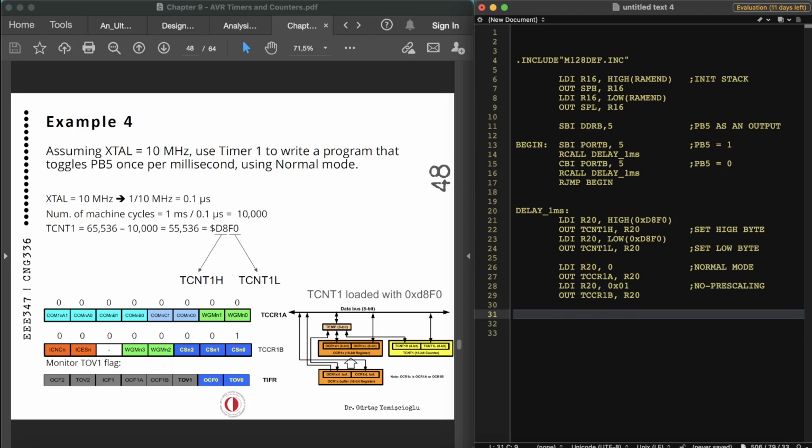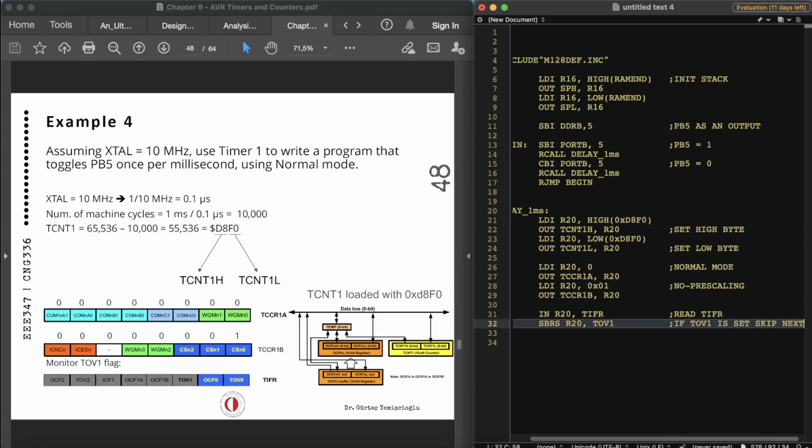So what we need to do is monitor the TOV1 flag. So again, read the TIFR register into R20, and then check if it is set. So R20, TOV1 flag. And if TOV1 is set, skip next. Then RJMP again.